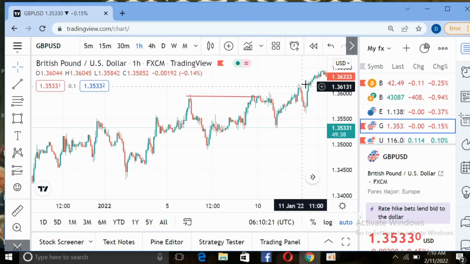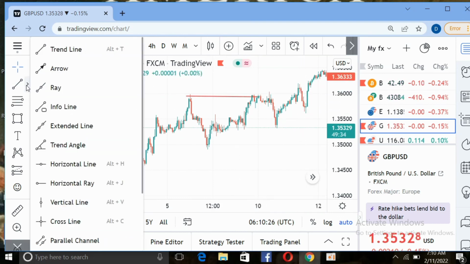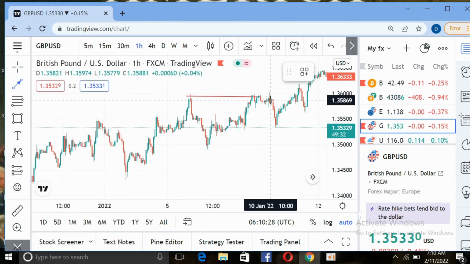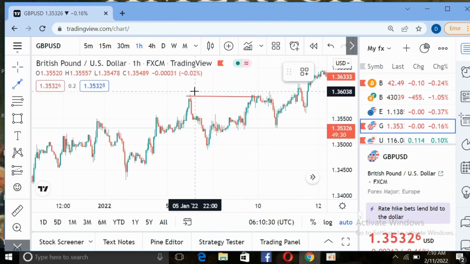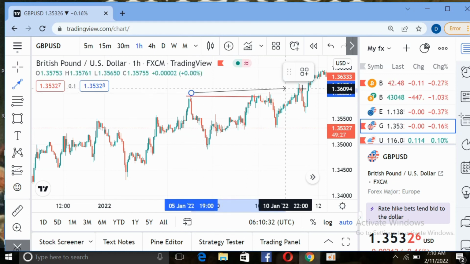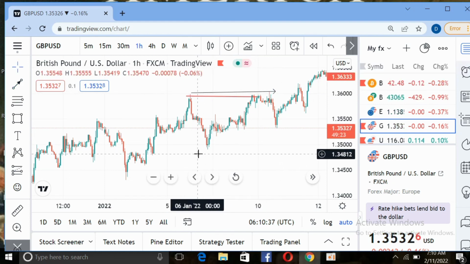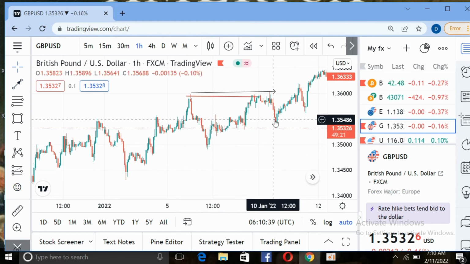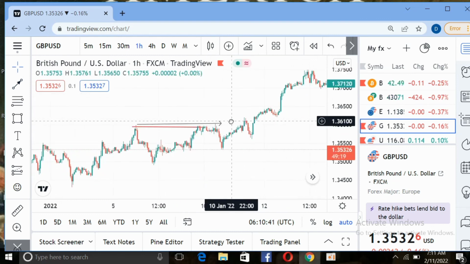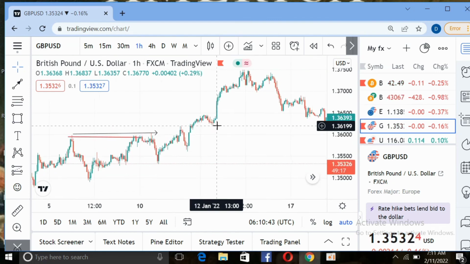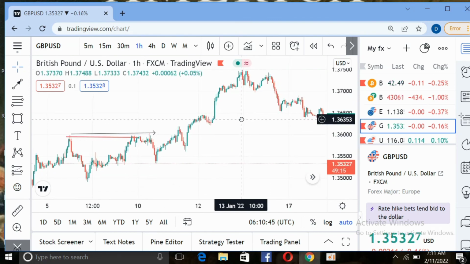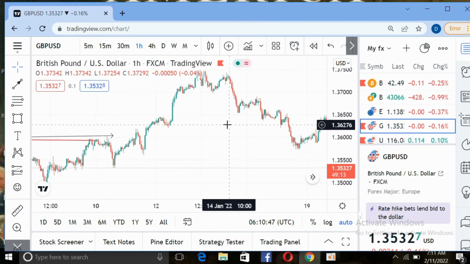And price definitely went there and took out stop losses, and when it takes out the stop losses, that led to a break of structure. You can see that playing out bit by bit.